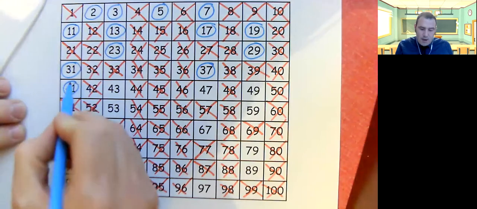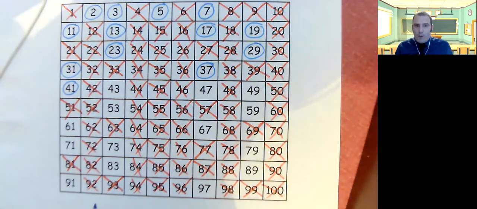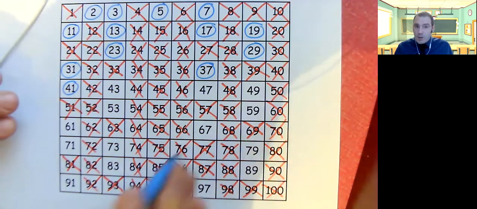So just by knowing our 2 times table, our 3 times table, our 5 times table, and our 10 times tables, we've been able to take out all of the numbers that aren't prime so far.